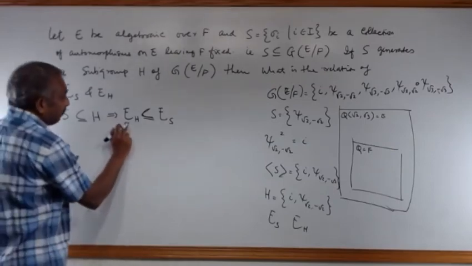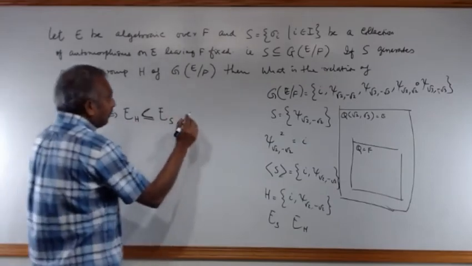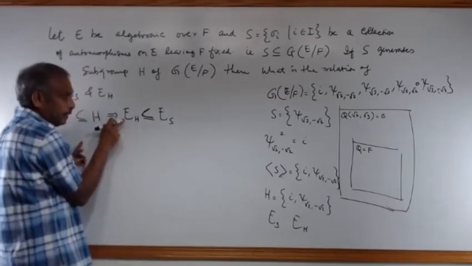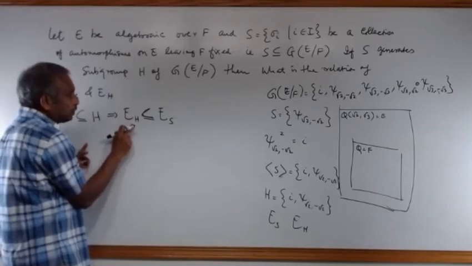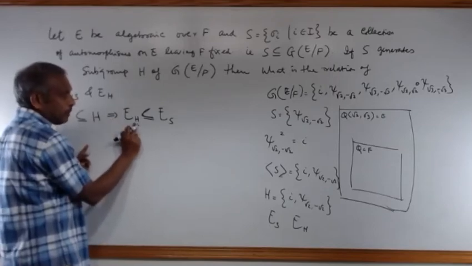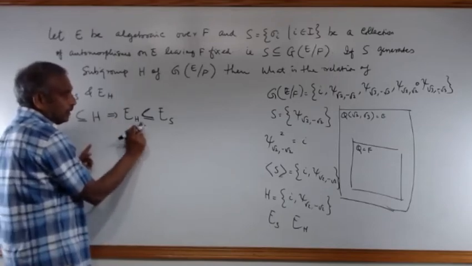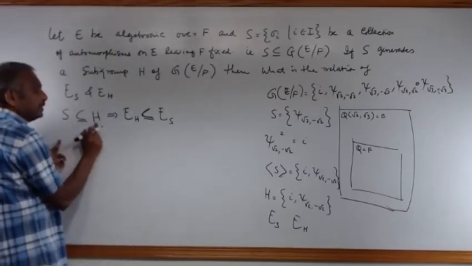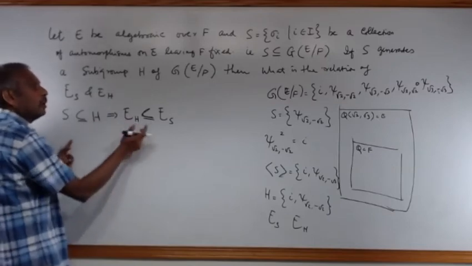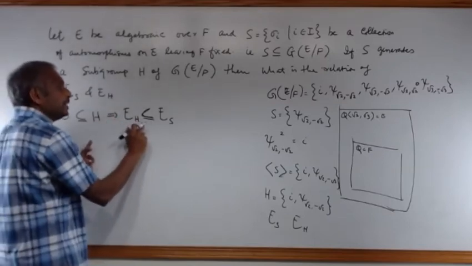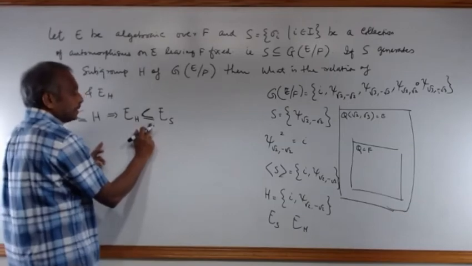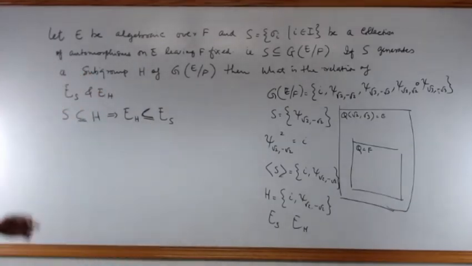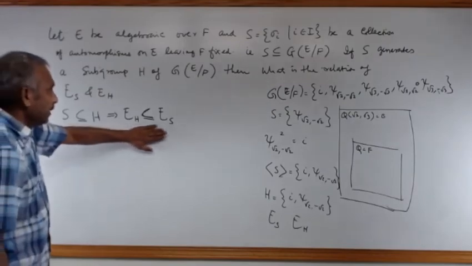E_H consists of the elements from E that are fixed by elements from H. Since S is a subset of H, E_H is a subfield of E_S. So this is one relation.